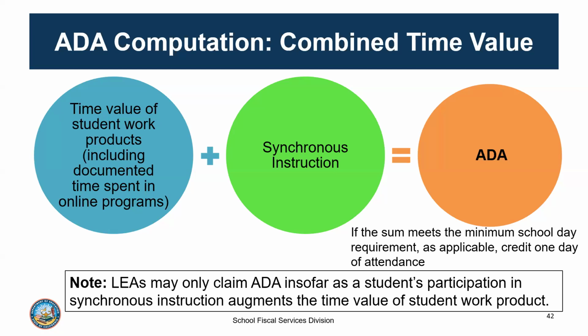LEAs will add the time value of student work products, including documented time spent in online programs, and synchronous instruction. If the sum meets the minimum school day requirement and all other requirements are met, LEAs may credit 1 day of attendance.